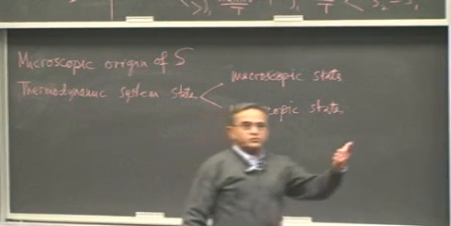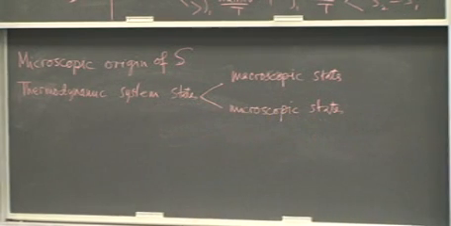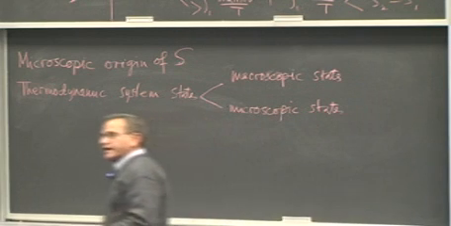Macroscopic states we know. These are the states which are described by large scale parameters like the volume, like energy, like temperature, like pressure, things of this kind.